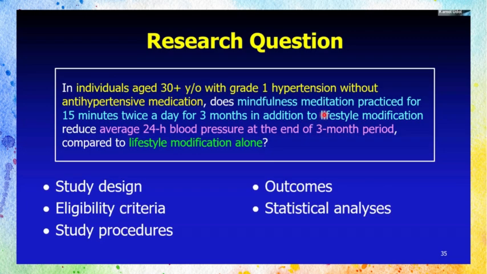So each individual will provide you a blood pressure value, and you will have the summary measure of your outcome for each group. You will have the mean blood pressure at the end of 3 months for the mindfulness meditation group, and the mean blood pressure for the control group.